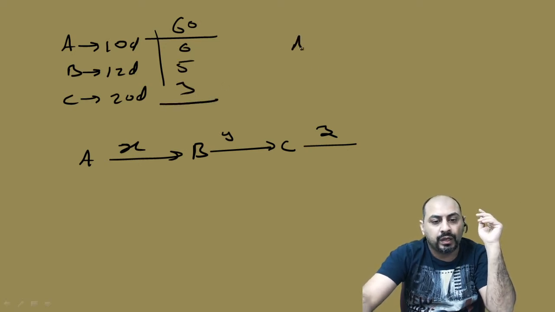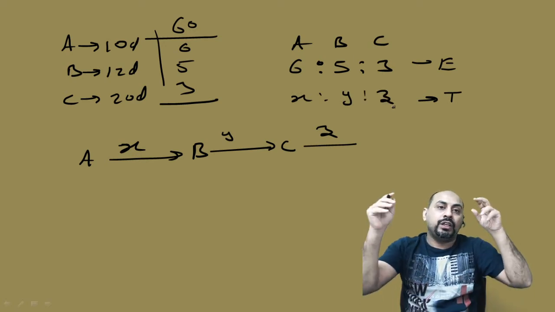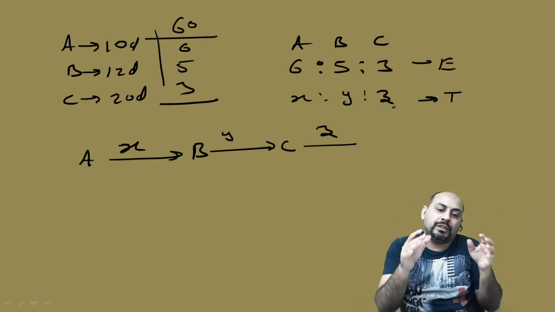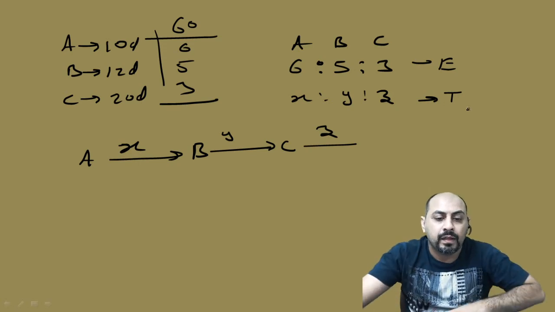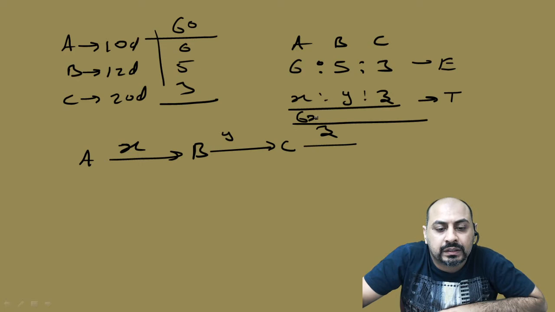The efficiencies of A, B, and C are in the ratio 6, 5, 3. This is the ratio of their efficiencies, and the ratio of their times is X ratio Y ratio Z. Since each one of them is working for a separate amount of time, the ratio in which they will get the money is 6x : 5y : 3z.